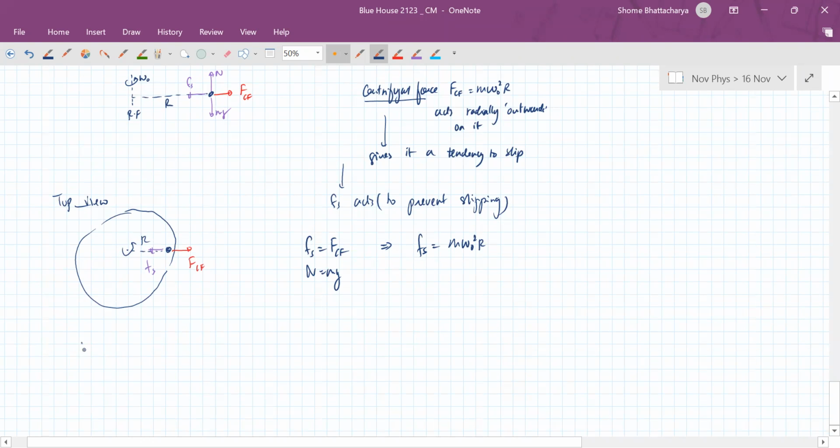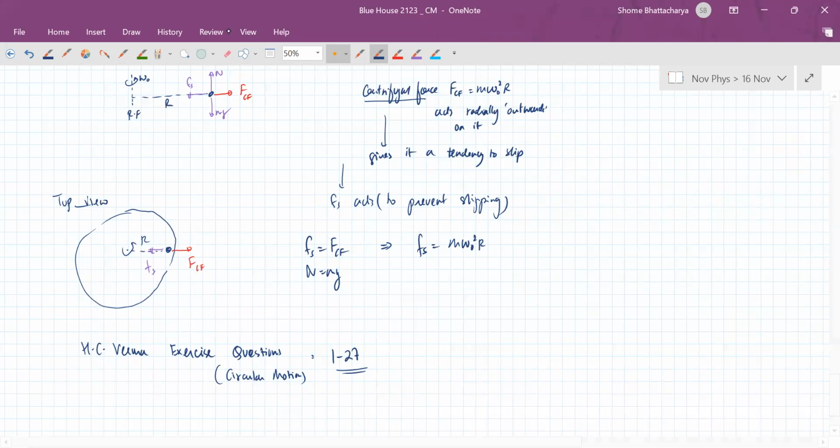So please do the HC Verma exercise problems from the chapter of circular motion, 1 to 27. We'll discuss them in the next lecture.